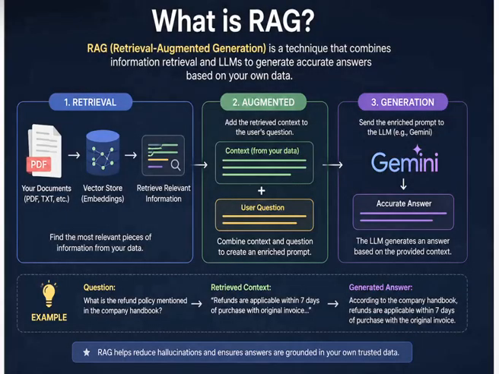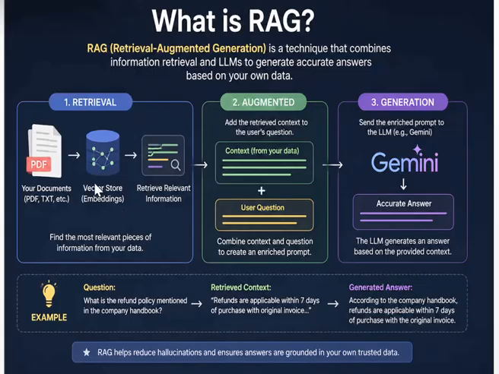So what is RAG? RAG stands for Retrieval Augmented Generation. Let's break that down. Retrieval. Before asking Gemini to answer the question, we first retrieve the most relevant information from our documents. Instead of sending an entire 500 page PDF to the model, we only send the small sections that are relevant to the user's question.